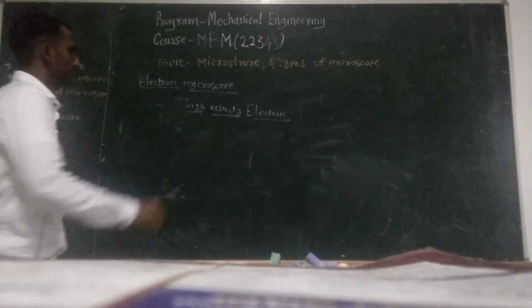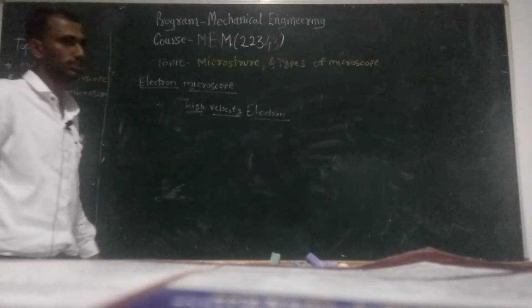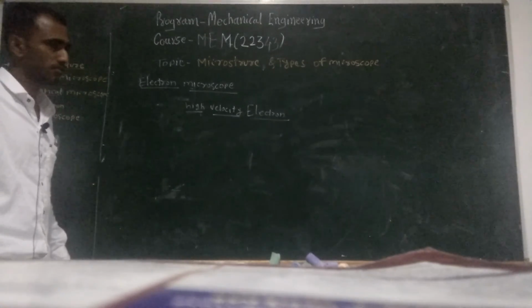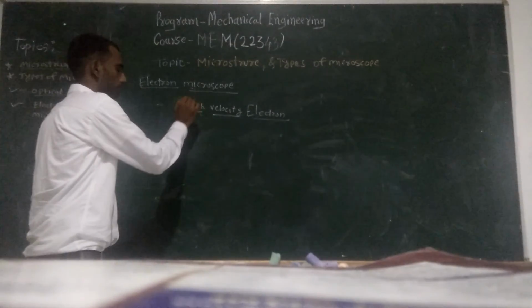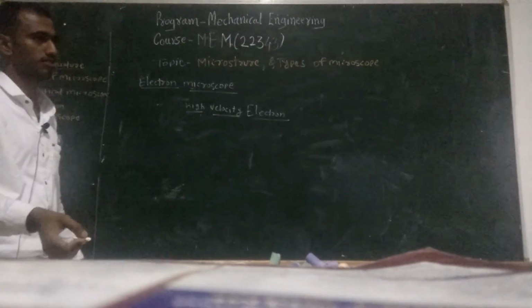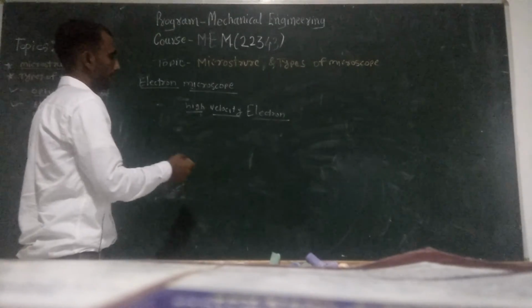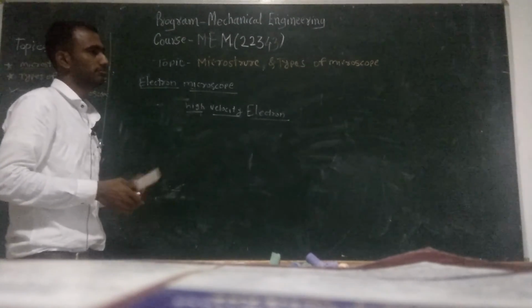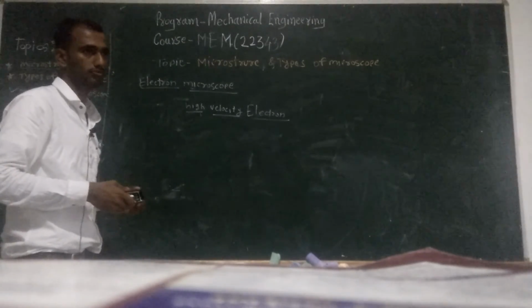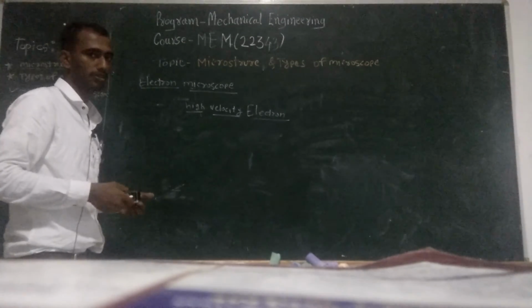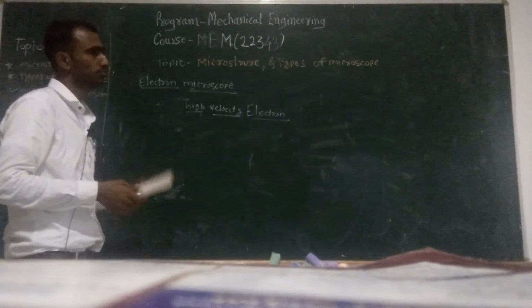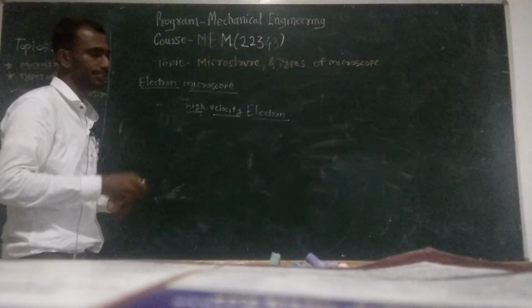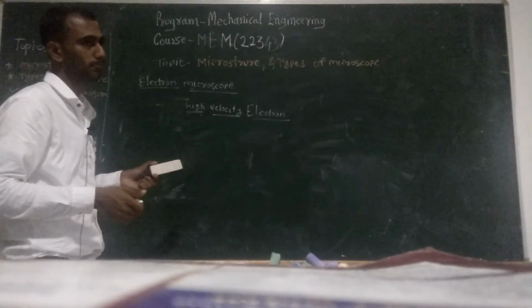They have very high velocity and directly impact the surface of the specimen. The resolving power and magnifying power of the electron microscope are much greater as compared to the optical microscope.